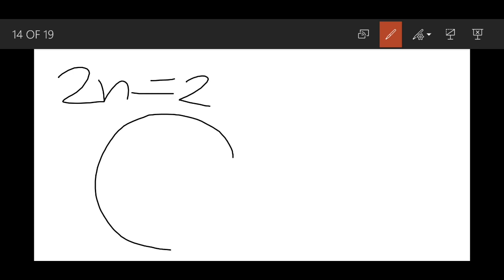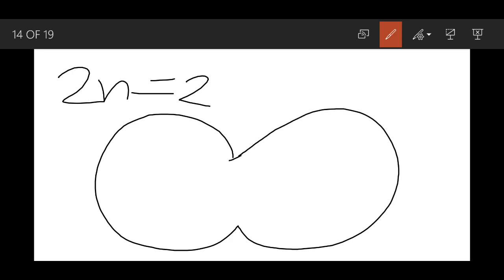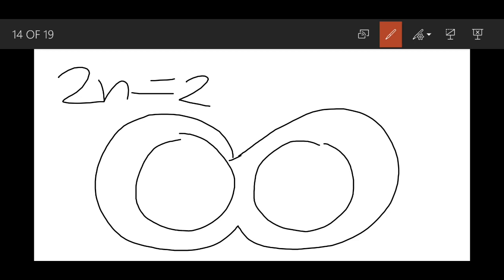Again, 2n is equal to 2. This is how it looks like. I'm really sorry for my drawing, but we have no choice. So you'll have here the nucleolus, represented by the dots. And then we have the two sister chromatids for each.